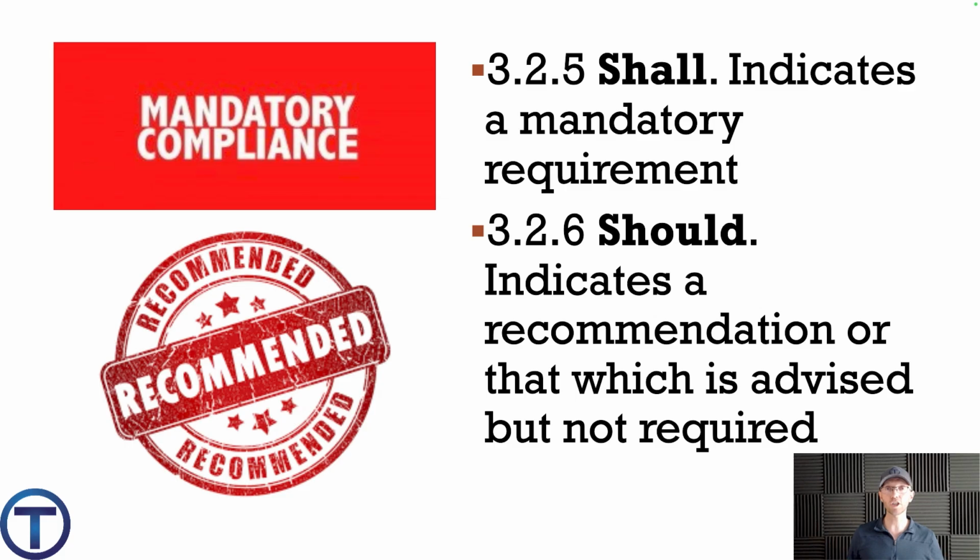You have to do it this way when it says shall. You will also find throughout this code the word should. 3.2.6 defines that as a word that indicates a recommendation or that which is advised but not required. Basically, it's a really good idea to do it this way, but we're not going to make you.